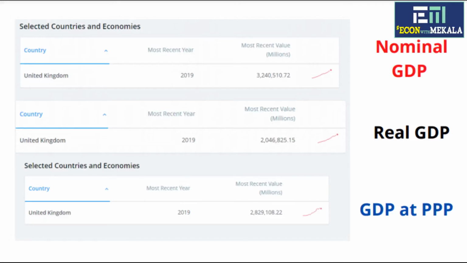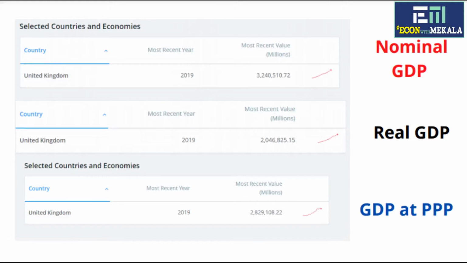If you measure the GDP of the United Kingdom in 2019 using a common currency, GDP at purchasing power parity, that is somewhere around 2.8 million. So you can see GDP at purchasing power parity is higher than real GDP and real GDP is higher than nominal GDP. Out of these three measurements, we usually use nominal GDP to compare economic performance within a country.